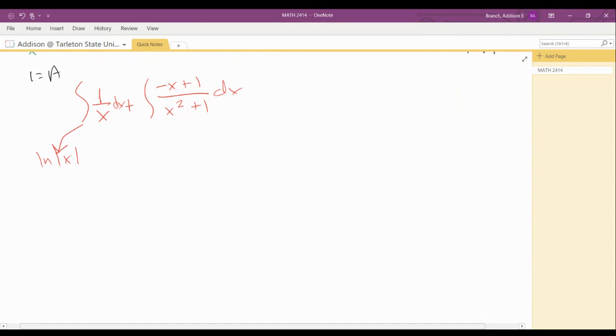But before we start panicking, we can see that we have two terms in our numerator, so we can split that up into -x over (x squared plus 1) plus 1 over (x squared plus 1).